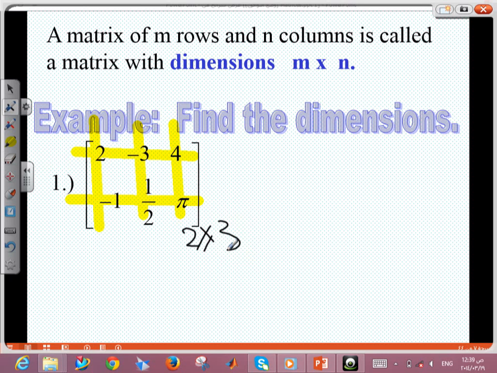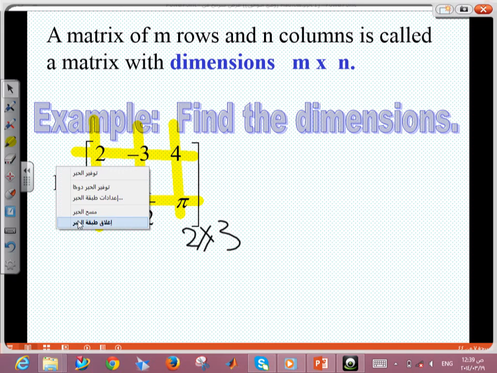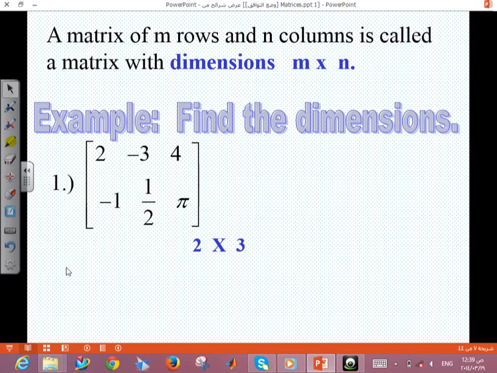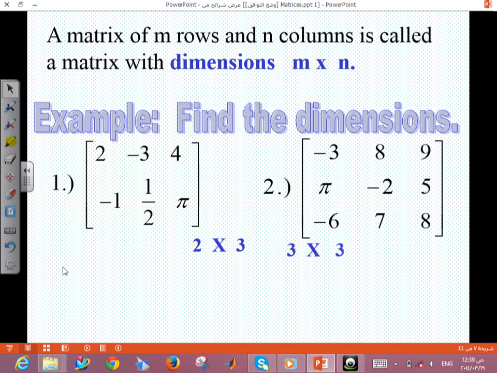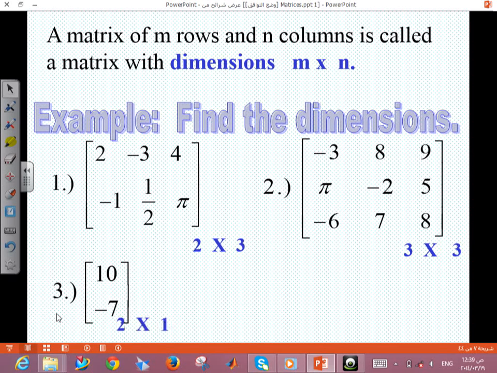Then this matrix is of order, and the dimension is 2 times 3. Then 3 times 3: 3 rows and 3 columns. 2 times 1: 2 rows and only 1 column. Here, 1 row and 2 columns.